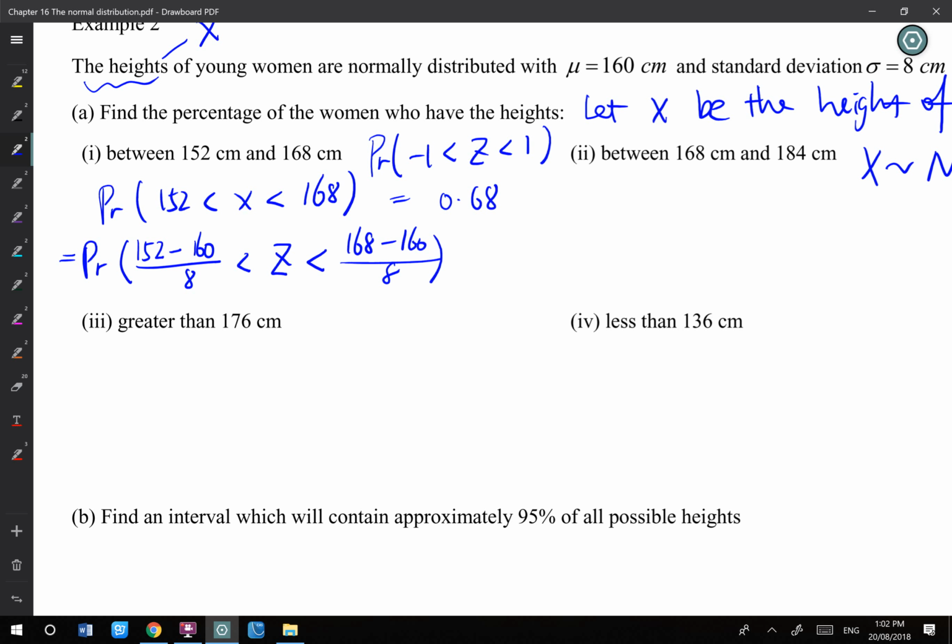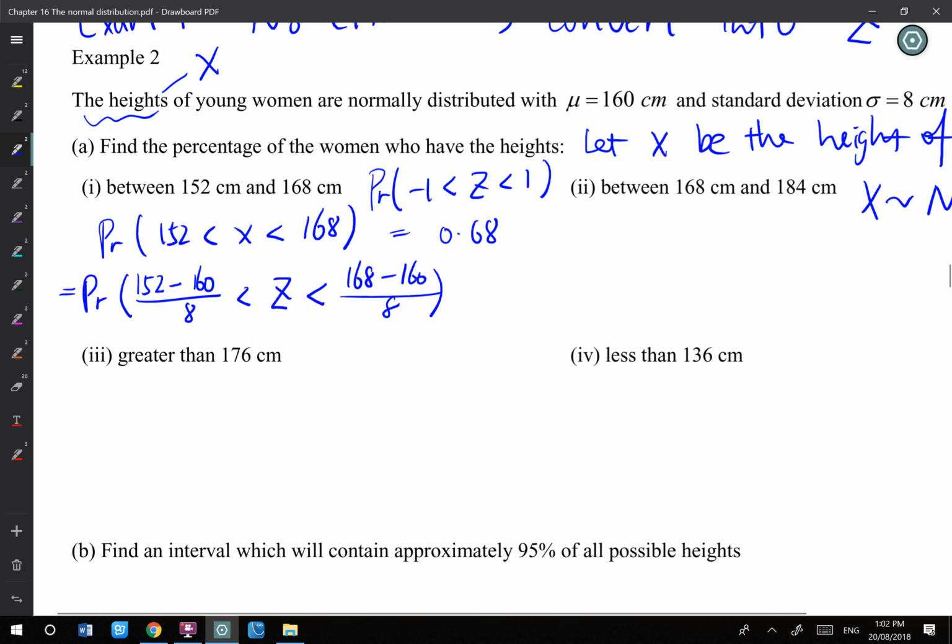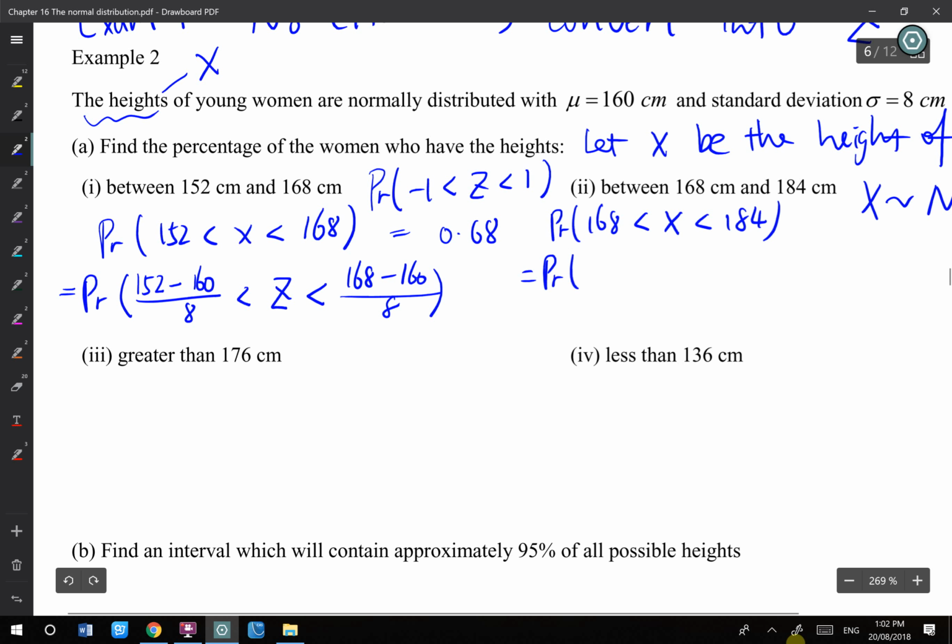I want in between 168 and 184. So that's probability 168 to 184, and if you minus 160 divided by 8, that's 1, and that's changed to Z. 184 minus 160 gives you 24. 24 divided by 8 gives you 3. So the Z is in between 1 and 3.